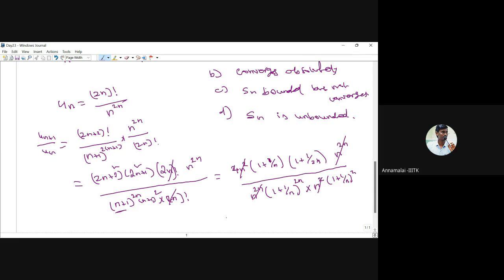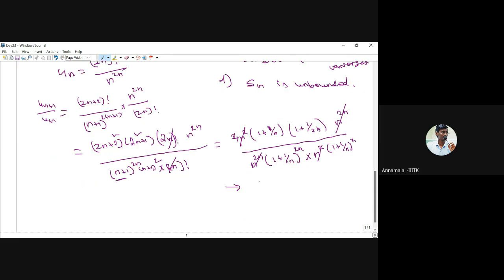Now as n goes to infinity, where does this go? In the numerator we have 4, and the other factors approach 1. But in the denominator, we know that 1 plus 1 by n power n approaches e. Here the square is there, therefore it converges to e square.